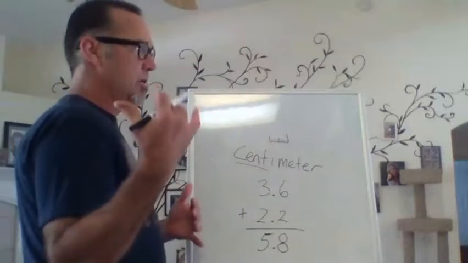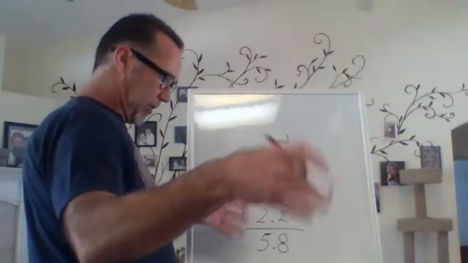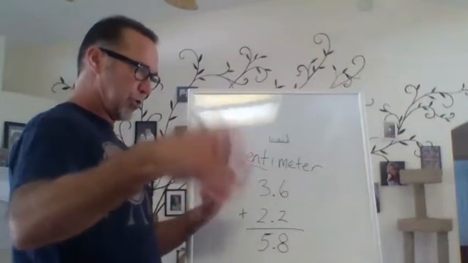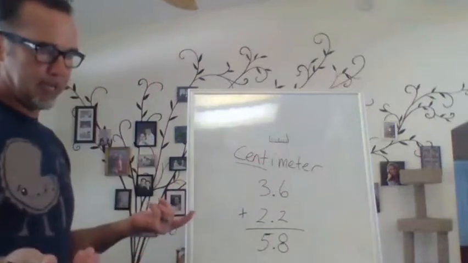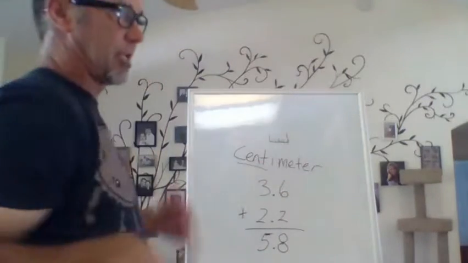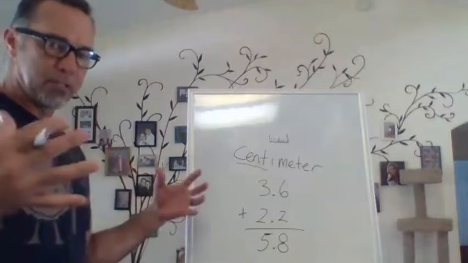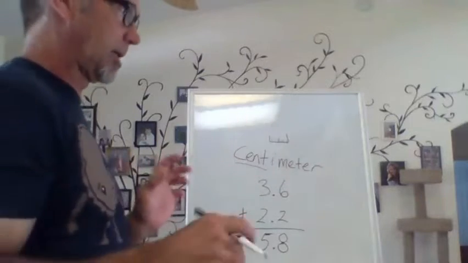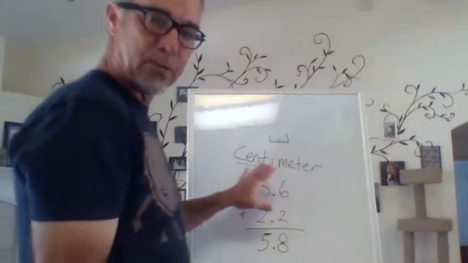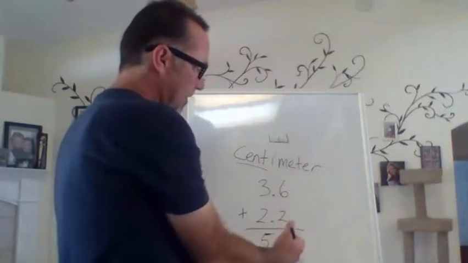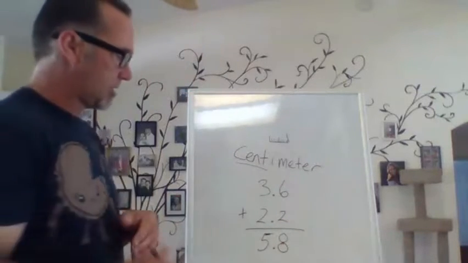Like in that garden, it was 70 inches. Well, if we converted that, 2.54 times 70, you're going to have in the neighborhood of 170-ish centimeters. So they start to get big numbers. And then when you're multiplying for area and all that, it's kind of big. So you've got to decide which measurement system is best to use. But again, what's nice about this measurement system is that we're just dealing with the tenth system.